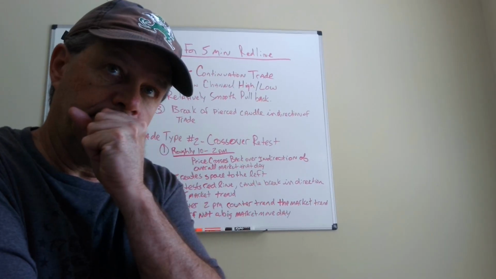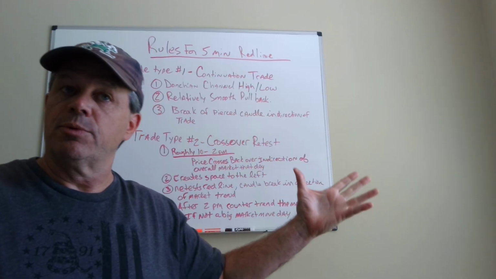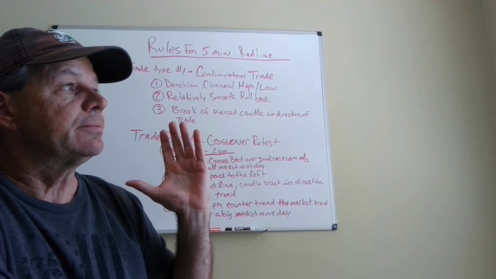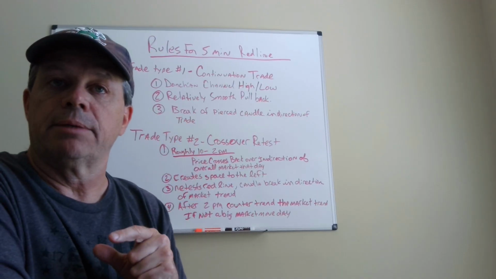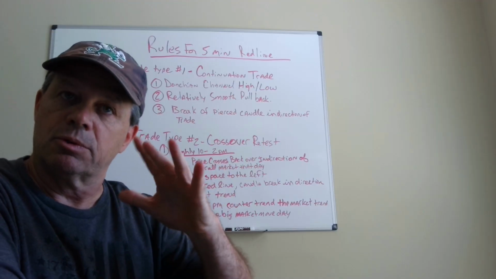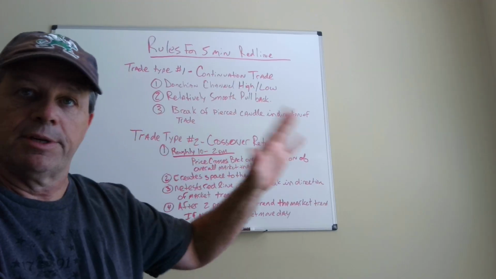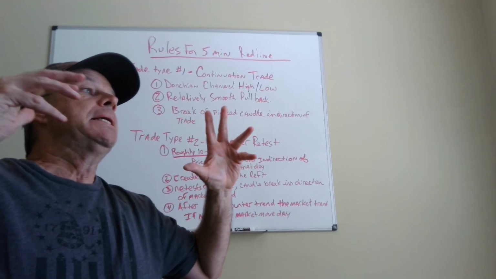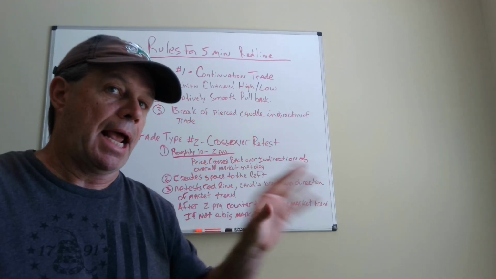One is what I call a continuation trade. It's very, very similar to the 1 minute gold line. I mean, there are a couple of caveats to it, but it's very similar to the 1 minute gold line. It tends to not happen very often.